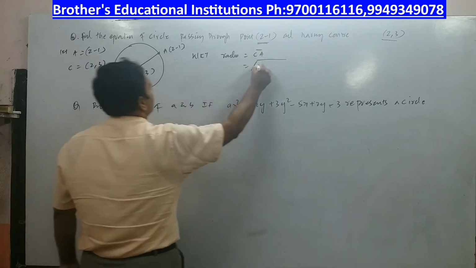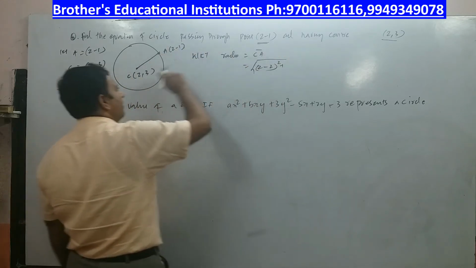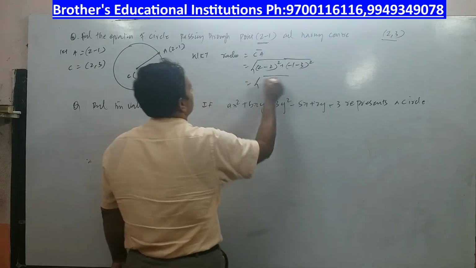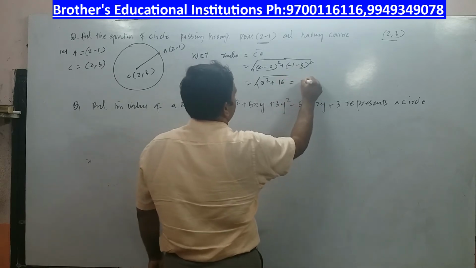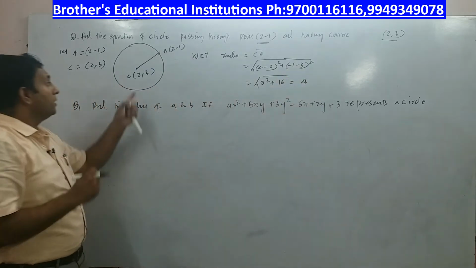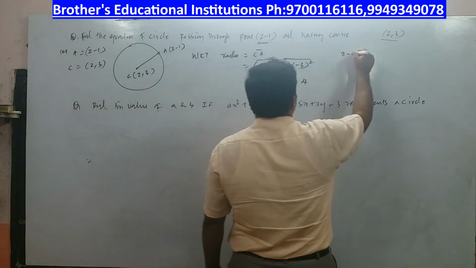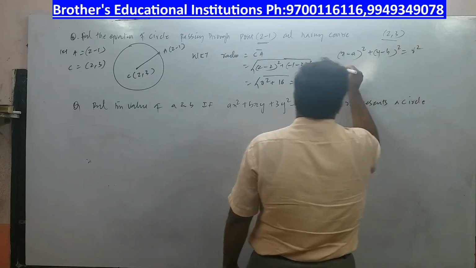Distance formula: (x2 minus x1) whole square plus (y2 minus y1) whole square. Means (2 minus 2) whole square plus (minus 1 minus 3) whole square. 2 minus 2 is what? 0 square. Minus 1 minus 3 is minus 4 square, 16. Square root of 16 is what? 4. So you got the radius, you have the center, and it's just a previous problem. How do you do that? (x minus a) whole square plus (y minus b) whole square is equal to r square.